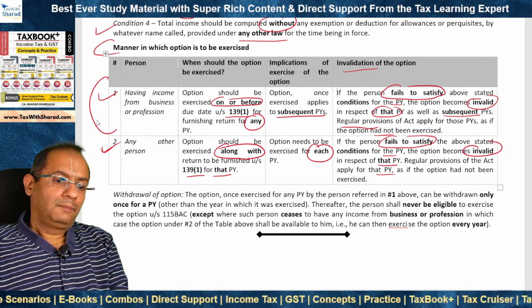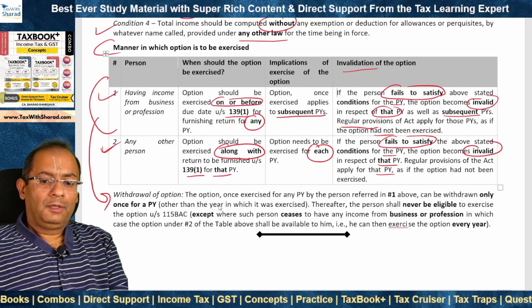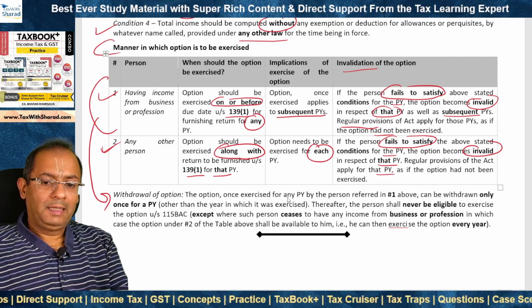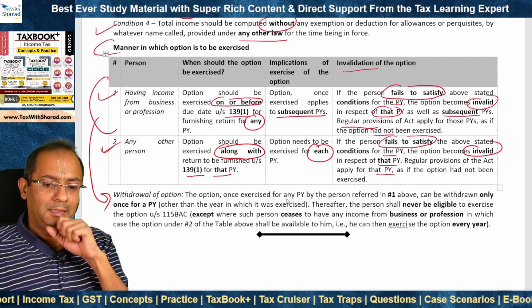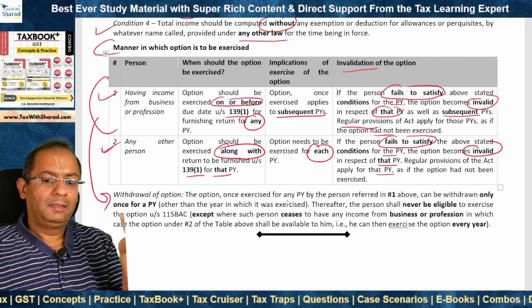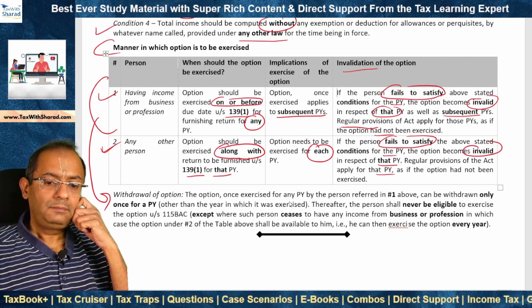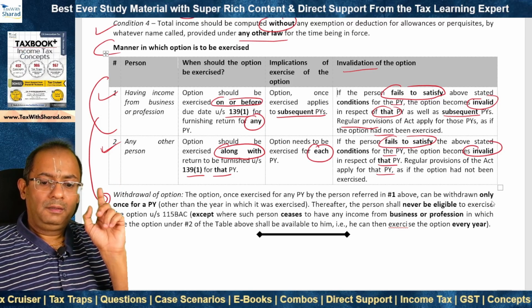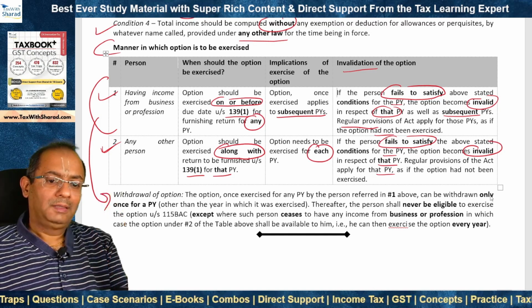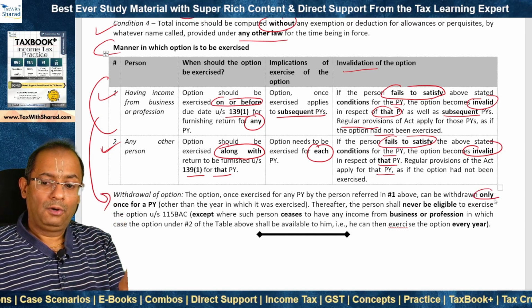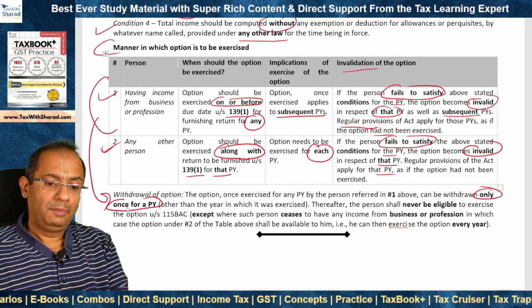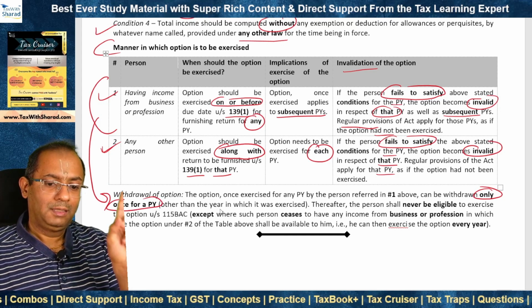Now, in the case of PGBP income, we noted that the option once exercised applies to subsequent previous years as well. So the question is, is there no provision for withdrawal of this option? There is. Such an option once exercised by a person having PGBP income can be withdrawn only once, for a previous year. Only once, this is the limit.